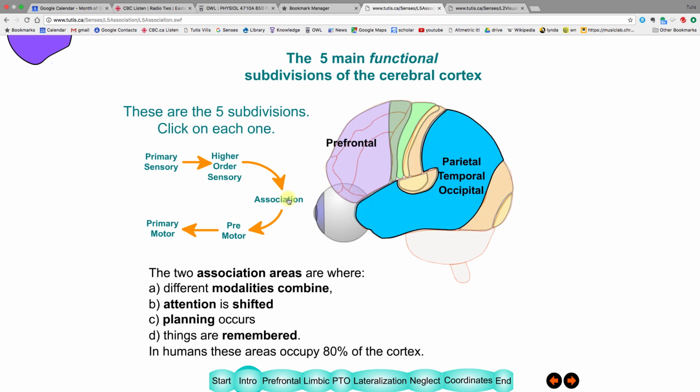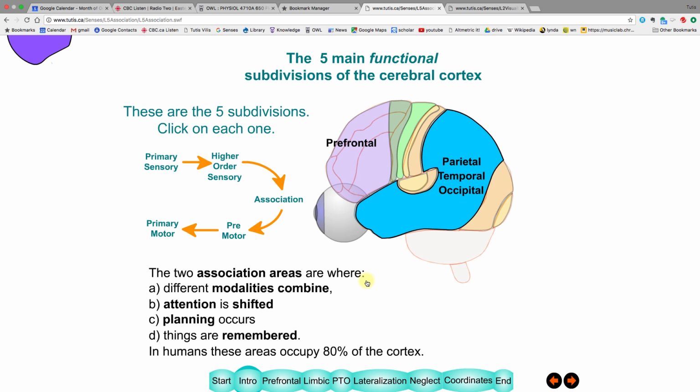From there, you move on to the association areas, and there are basically 2 of them. One, the prefrontal, taking up most of the frontal lobe, and then the parietal temporal occipital, because it takes up the temporal lobe, the parietal lobe, and a little bit of the occipital. And in these association areas, we find that different modalities combine.